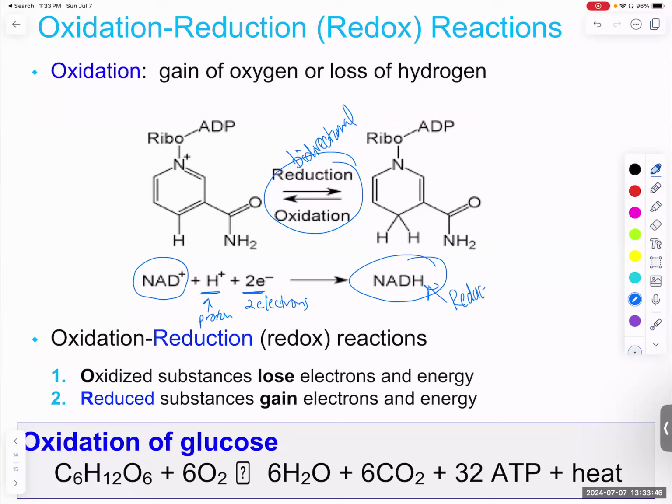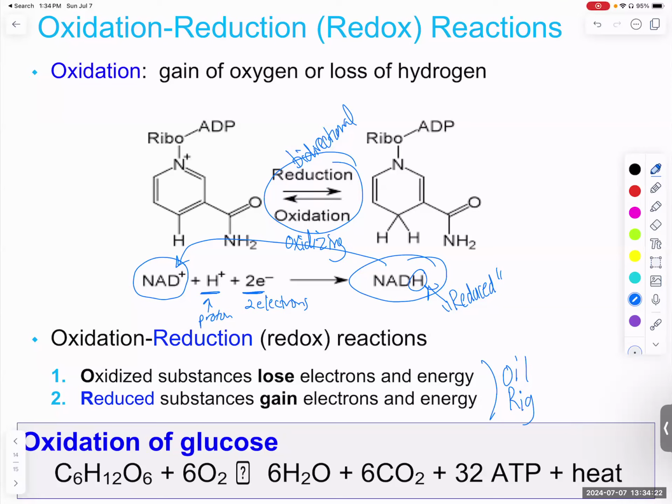Thus, it's said to be reduced. Oxidation would be the opposite. You're taking off protons and electrons and losing those electrons and protons, and so you are oxidizing. So oxidation reduction, OIL RIG: oxidized substances lose electrons and protons, reduced substances gain electrons and protons.